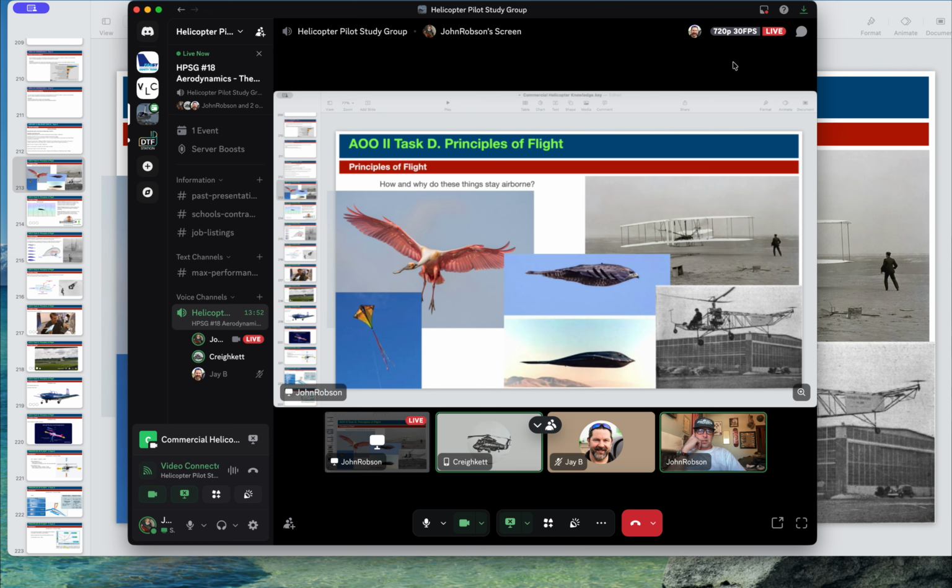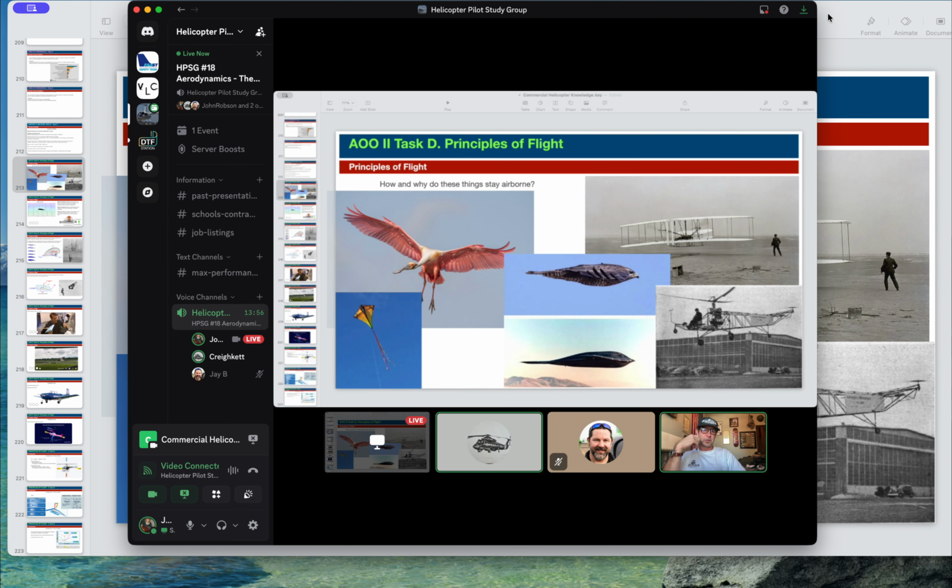I chose this week the Principles of Flight, Area of Operation 2 from the Commercial ACS, Task D, Principles of Flight. A couple nights ago, trying to fall asleep, I was thinking about how I'd explain how a bird flies to my niece and nephew, who are young, 6, 7 years old.